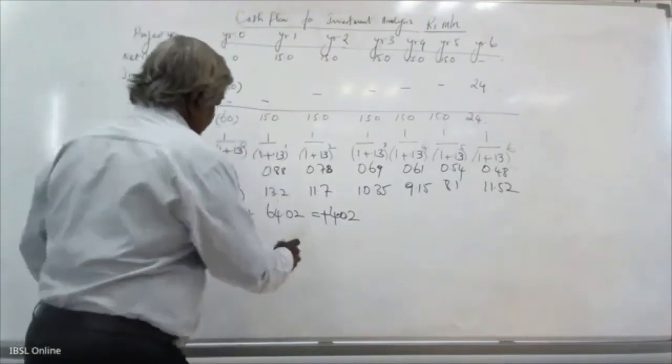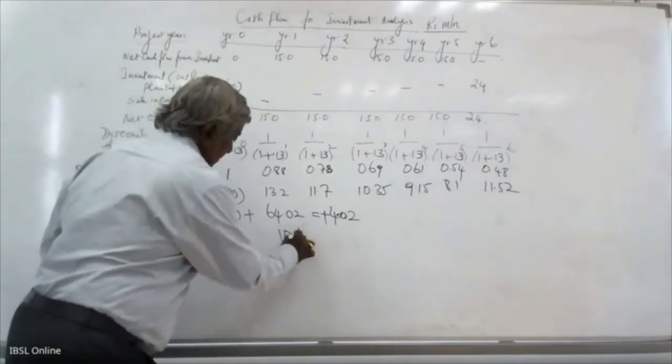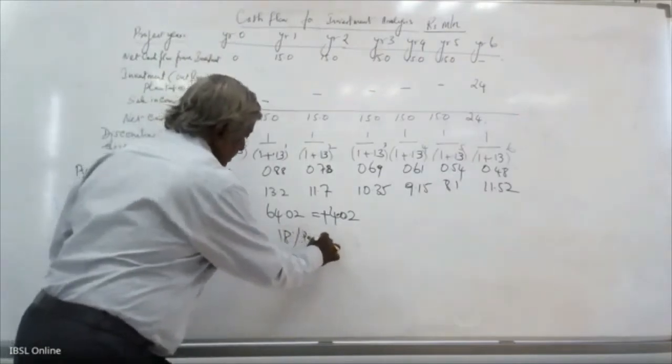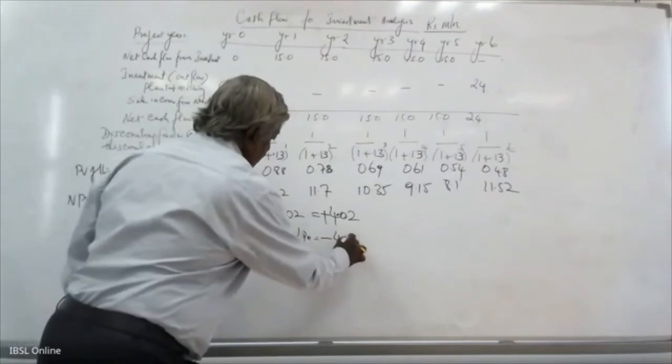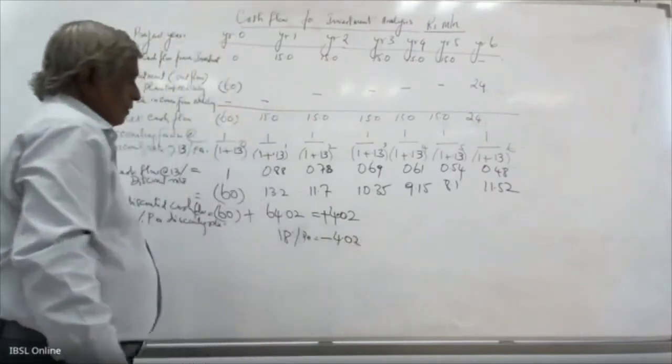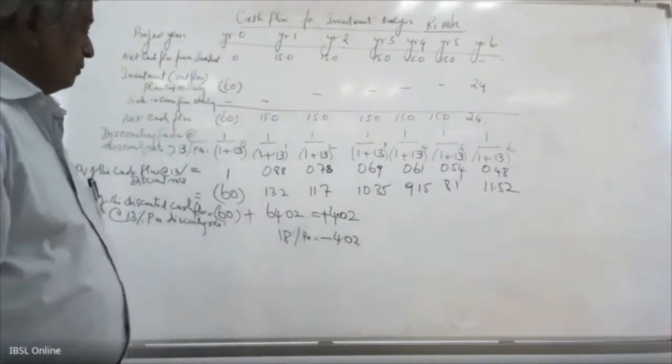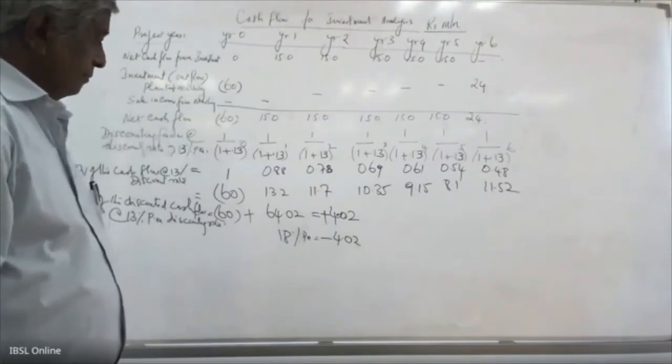When the interest rate was 18% PA, it was negative 4.02.